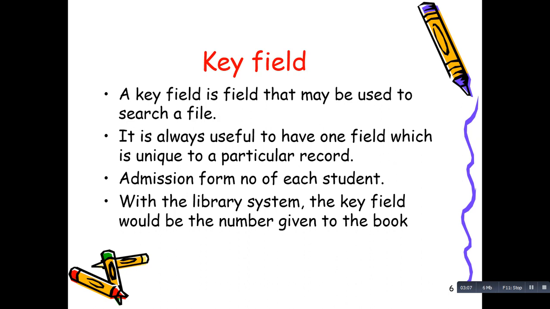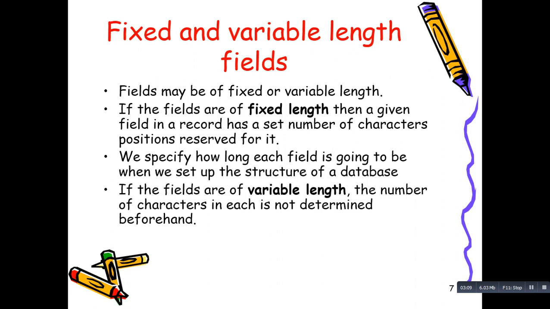Fixed and variable length fields. Now fields may be fixed or variable length. If the field is fixed length, then a given field in a record has a set number of character positions reserved for it. We specify how long each field is going to be when we set up the structure of the database.